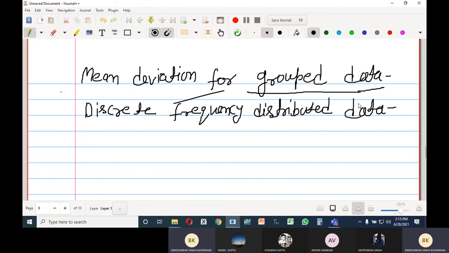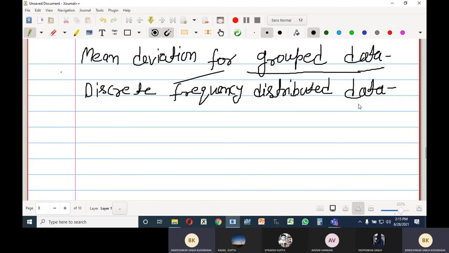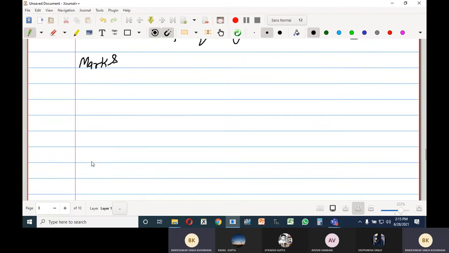So let us see, the idea is similar. Suppose I'm going to write here marks of 4 students. Okay, and how many students have got those marks? Here I'm writing marks, here frequency. It means how many students have got 80 marks.